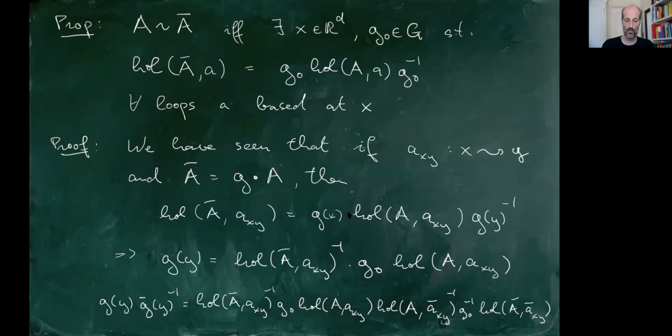And that would be a statement of the same type but with the G naught allowed to depend on A. Right? And it's not completely obvious that if you know this with a G naught that depends on A in general, that then it actually implies that A and A bar are in the same gauge orbit.